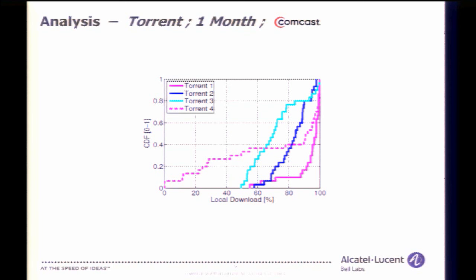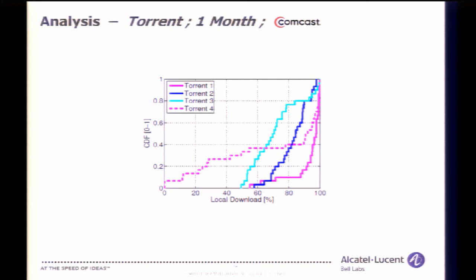Popular means the highest average number of sources over a given time period that we monitor. For these four torrents, we download them at the same time every day for a month. Then we plot a CDF of the local download traffic, so the amount of traffic that stays local.